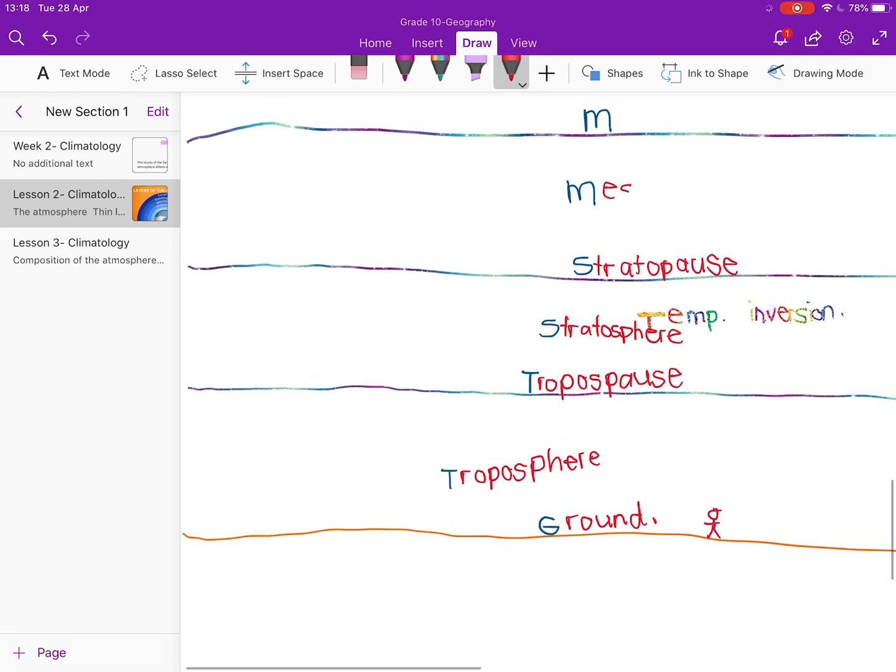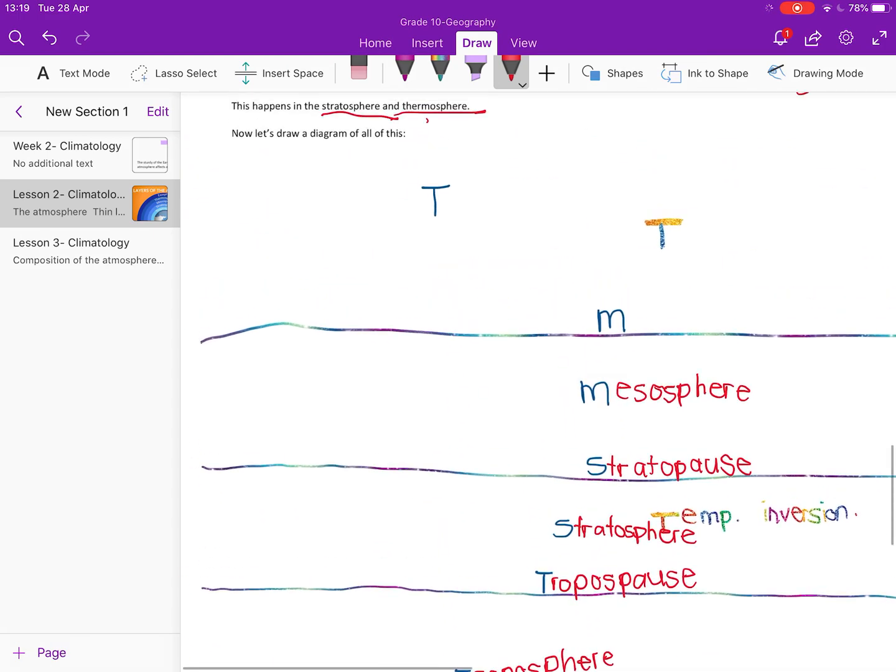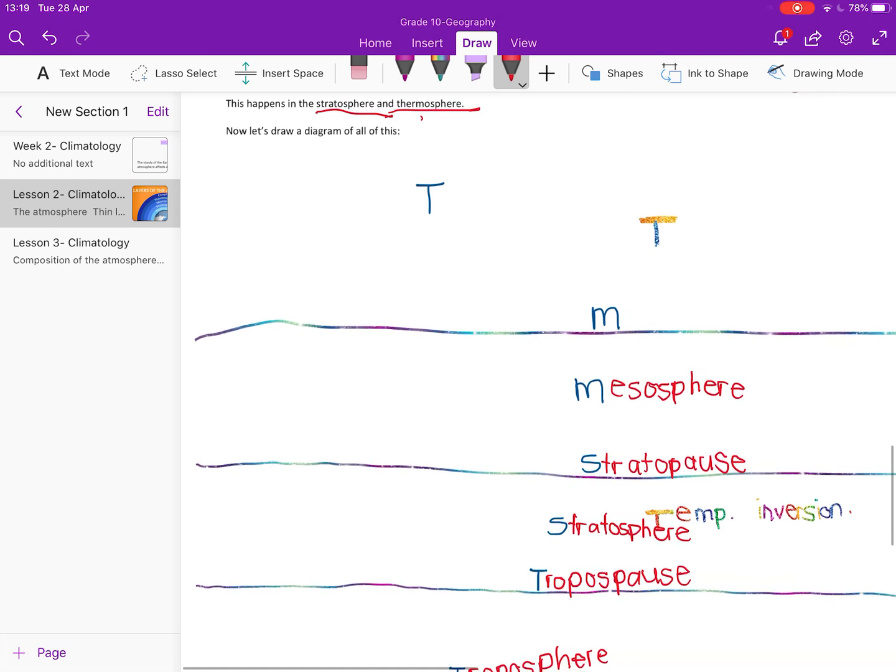Then we get the mesosphere over here. Next is what separates the mesosphere and the thermosphere, which is called the mesopause. And then our last layer is called the thermosphere.